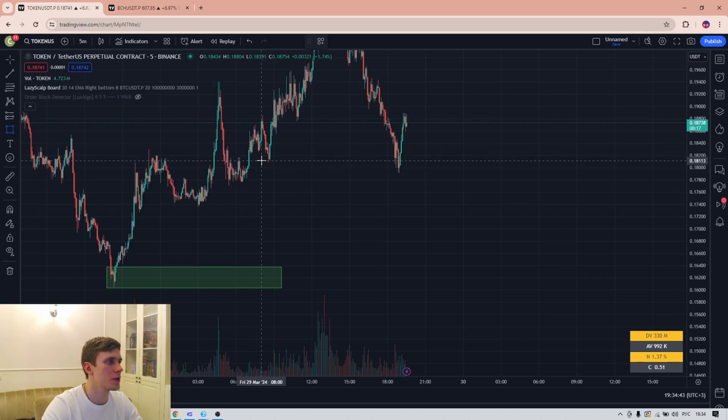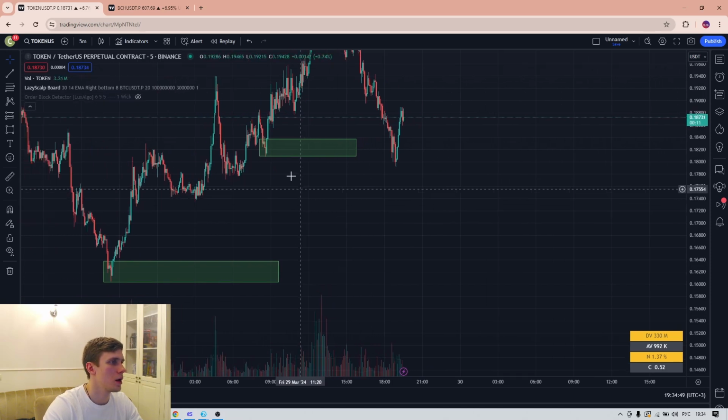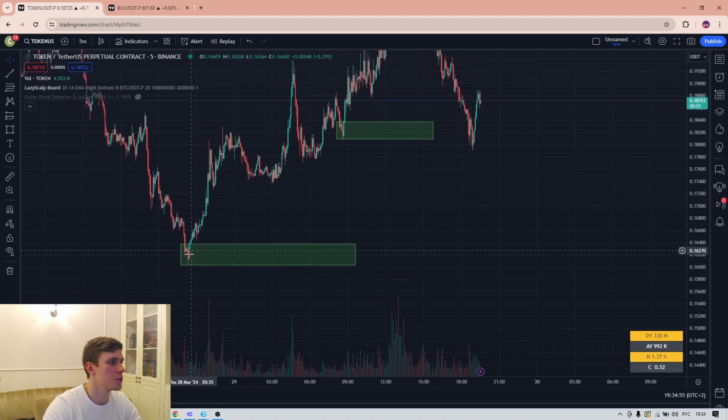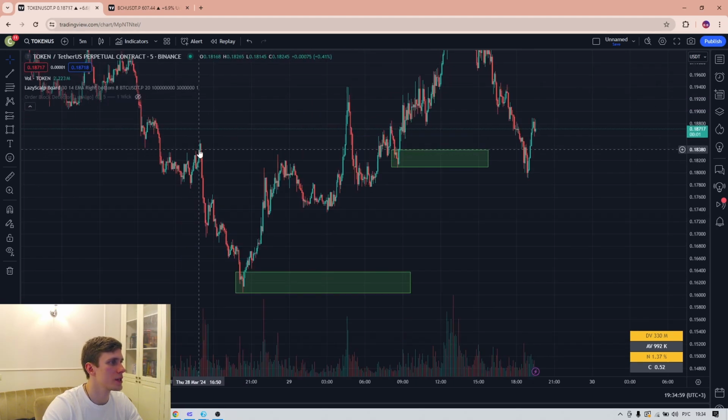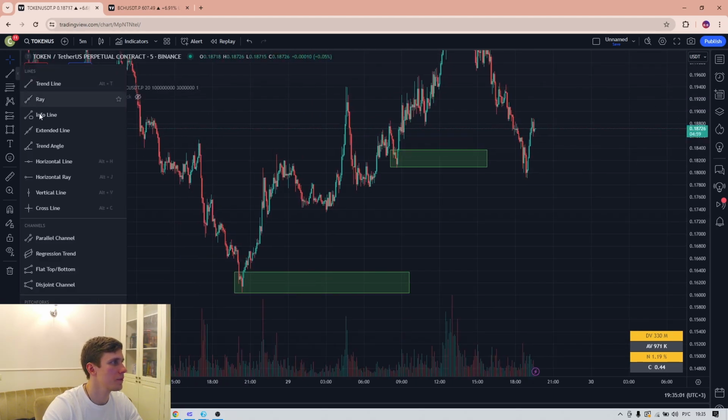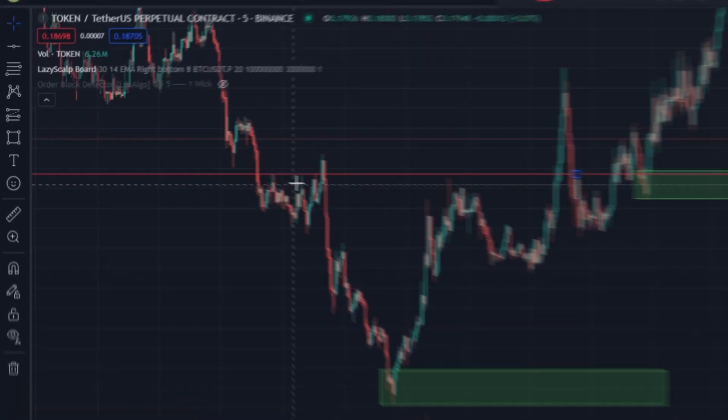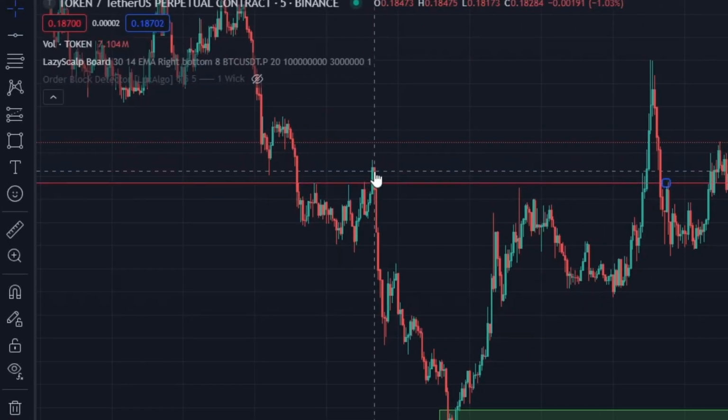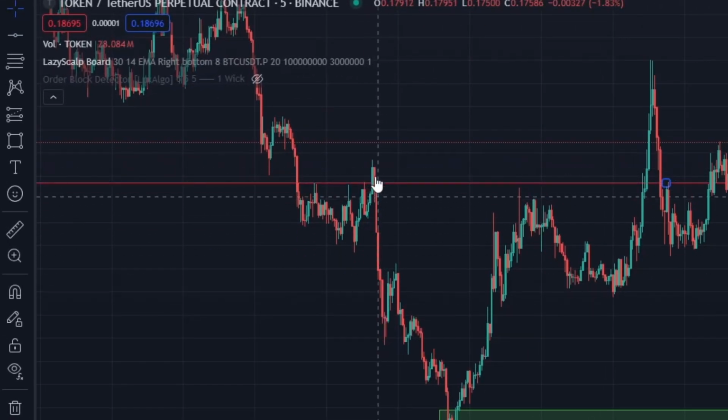On this instrument, I see two other examples of order blocks. As you see, this order block and this much more. This one is absolutely perfect. As well, we see another example. Here there was a kind of local level order block with a change of direction from this point.